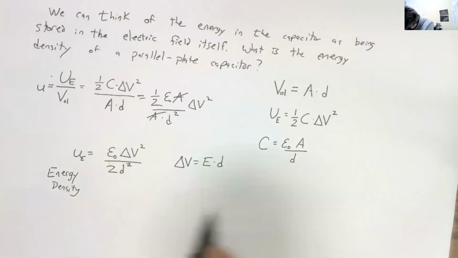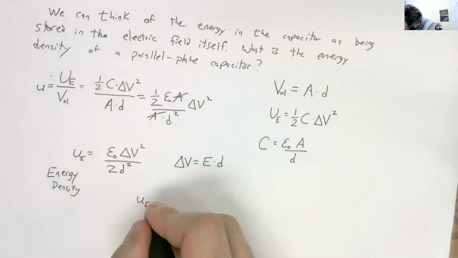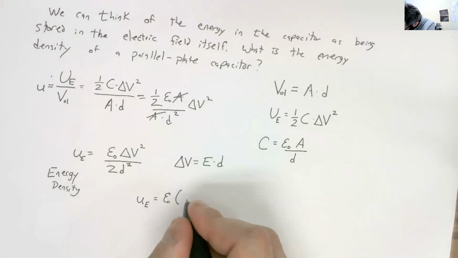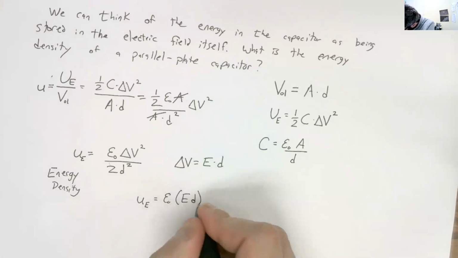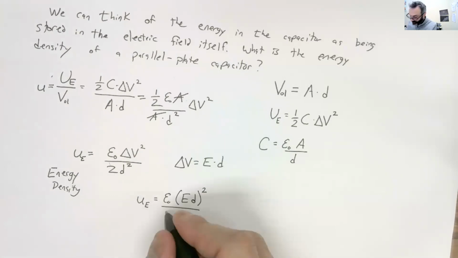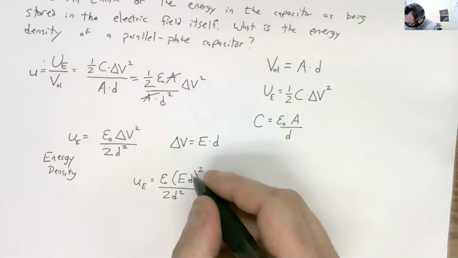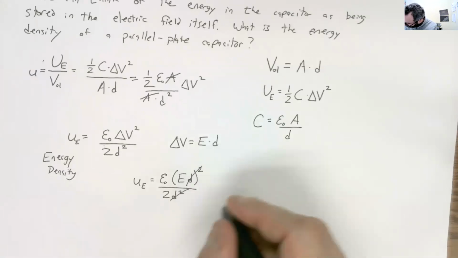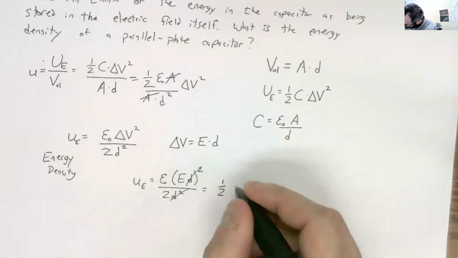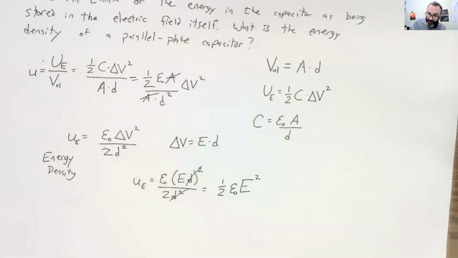I get my energy density is epsilon naught times E D squared over 2D squared. Now I've got D squared and D squared, so my energy density is just 1/2 epsilon naught times the electric field squared. That's a much simpler, much neater expression.